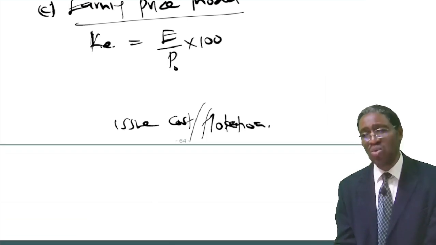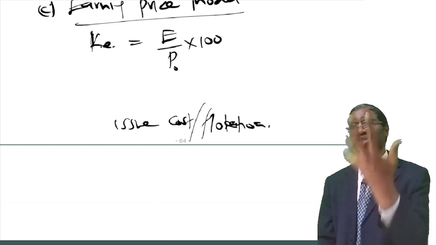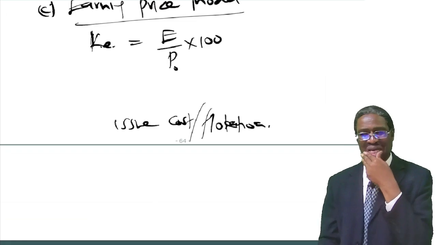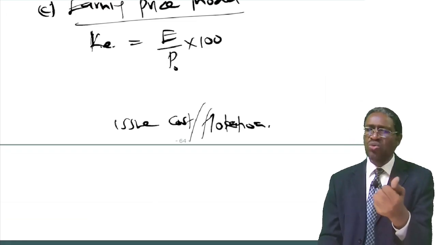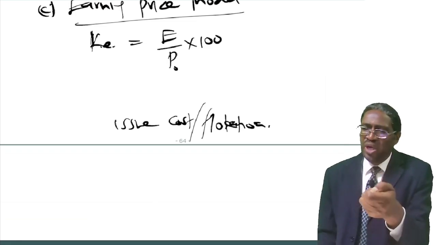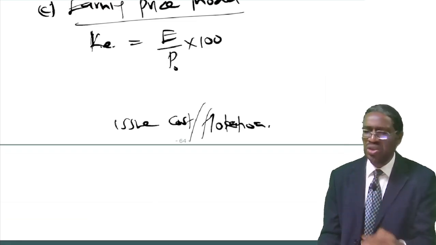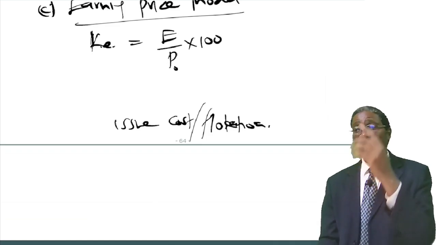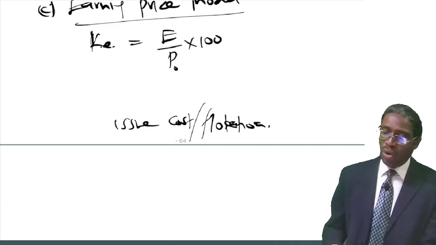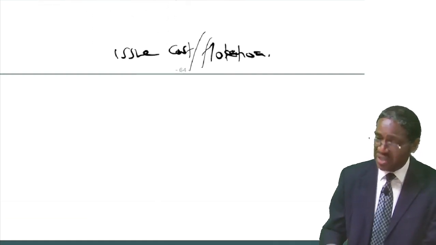Yes, you issued one share at 5 shillings or 10 shillings or 20. But to get that 20 shillings from the investor, it costs you another 1 shilling or 2 as what we call flotation cost.